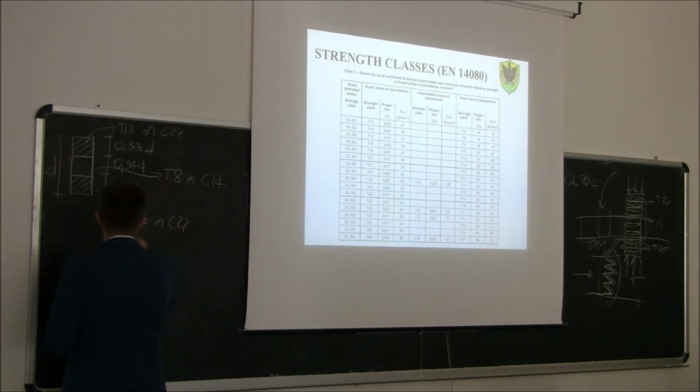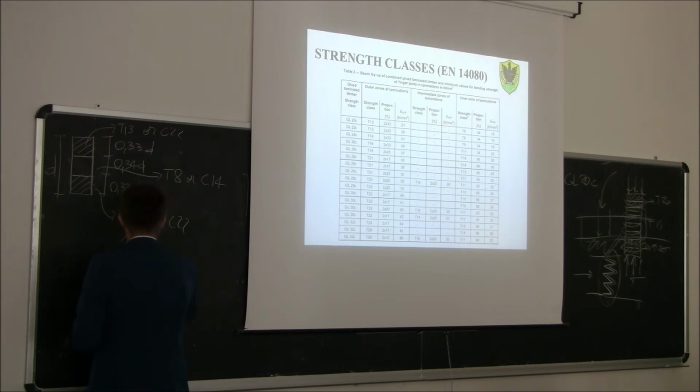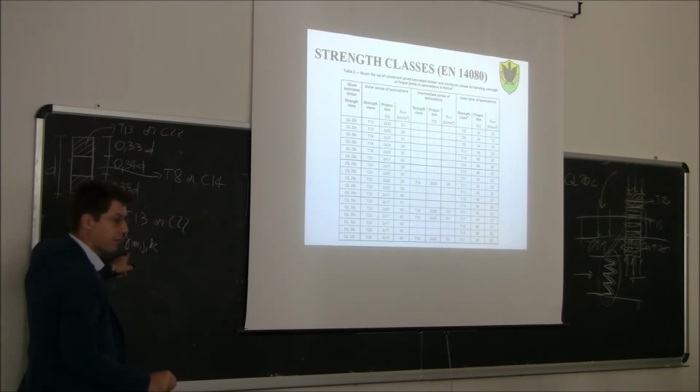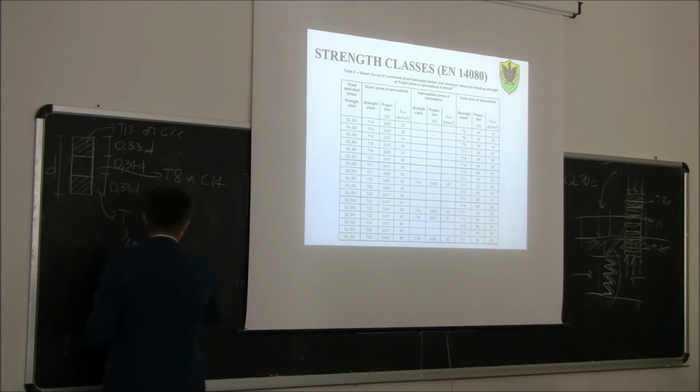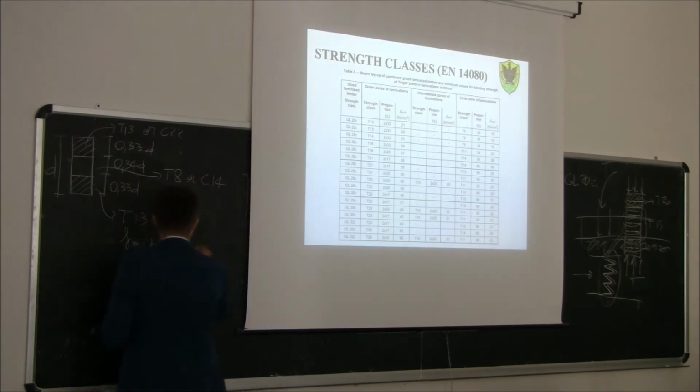So this would be f_m,j,k: F, strength, bending, joint, finger joint, characteristic. This should be greater than or equal to, we said T13, 26 megapascal.